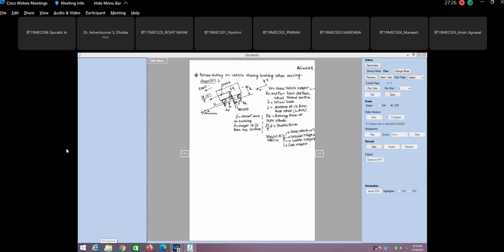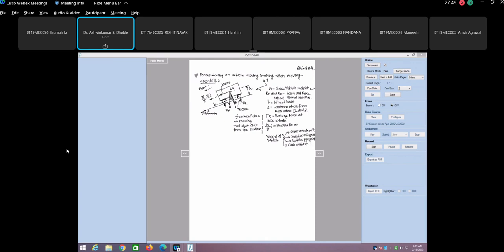So gross vehicle weight is including passenger and the luggage. Then laden weight is almost the same, including the passengers and luggage, because the luggage carrying capacity has to be taken into consideration. The gross weight and laden weight are the same.